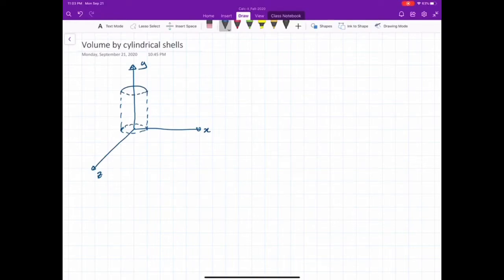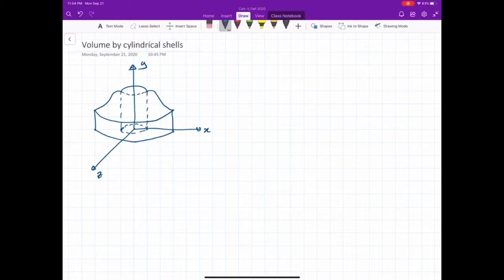And then, so this is the shape. This is a 3D object.